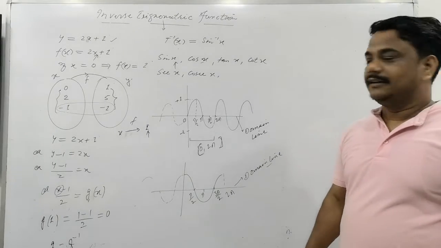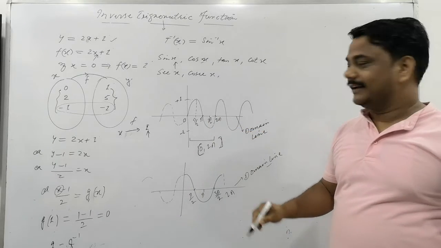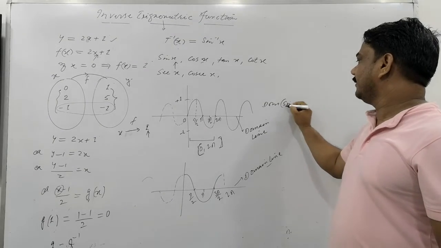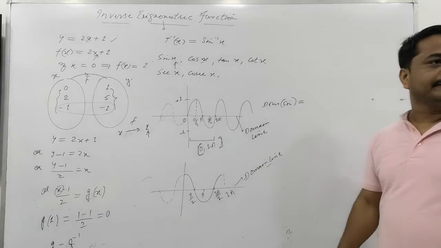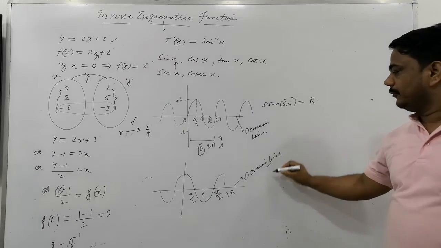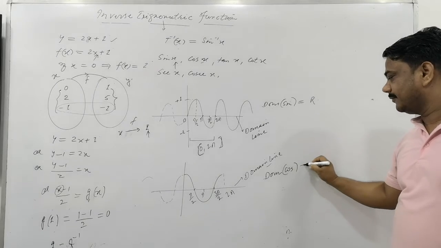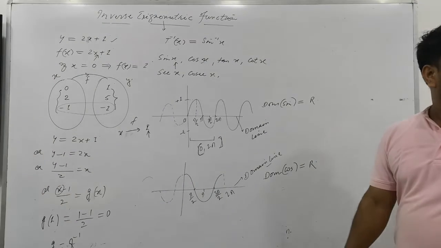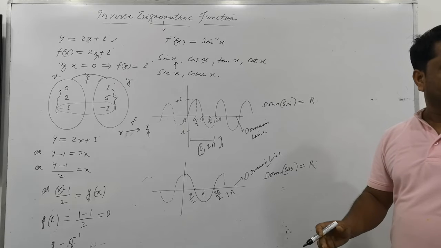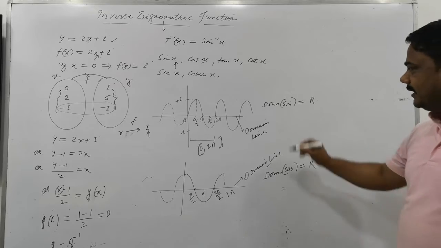The function is defined for all real numbers. So the domain of sine is all real numbers. And what is the domain of cos? All real numbers. A function which is defined for all real numbers is said to be a real function.